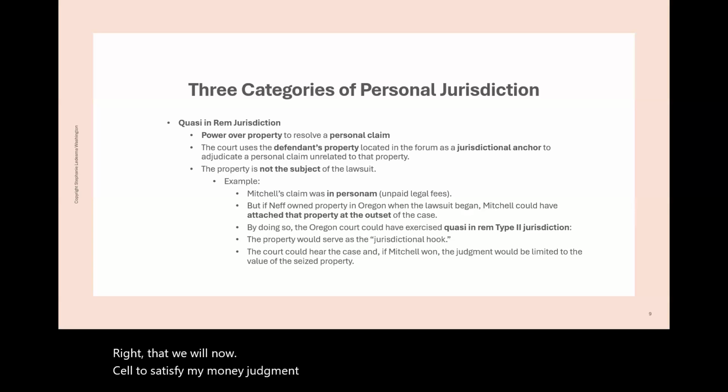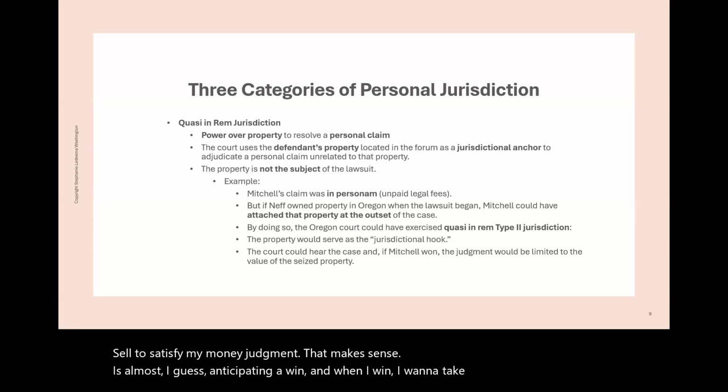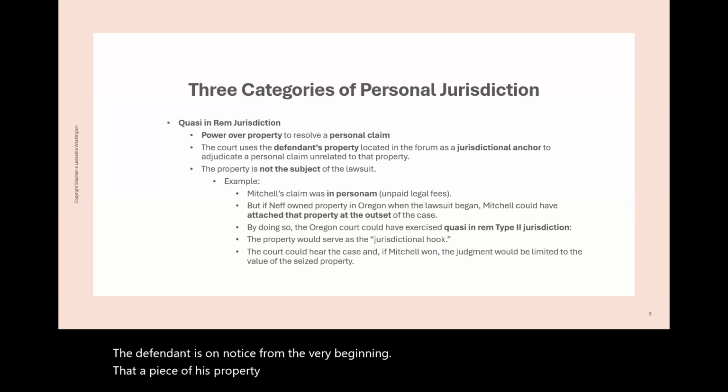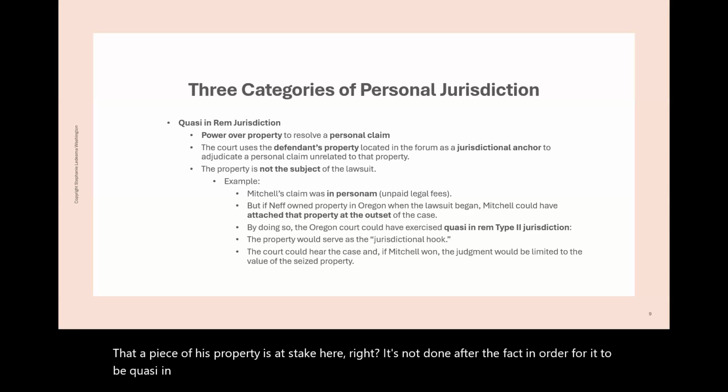That makes sense? Quasi in rem is almost, I guess, anticipating a win. And when I win, I want to take this property. But the defendant is on notice from the very beginning that a piece of his property is at stake here. It's not done after the fact in order for it to be quasi in rem. Does that make sense? Take a minute, think about that.